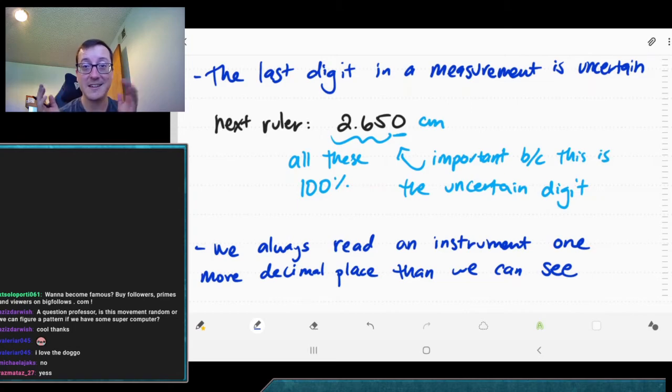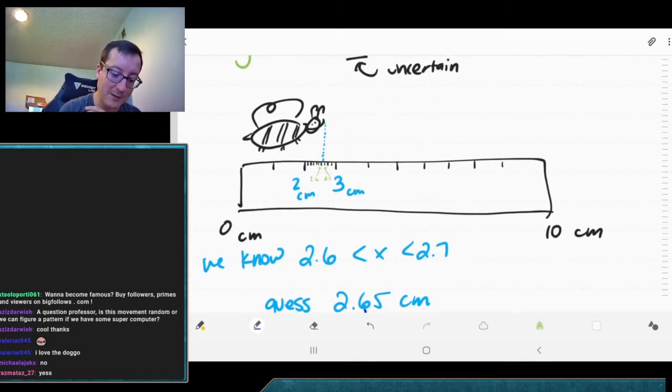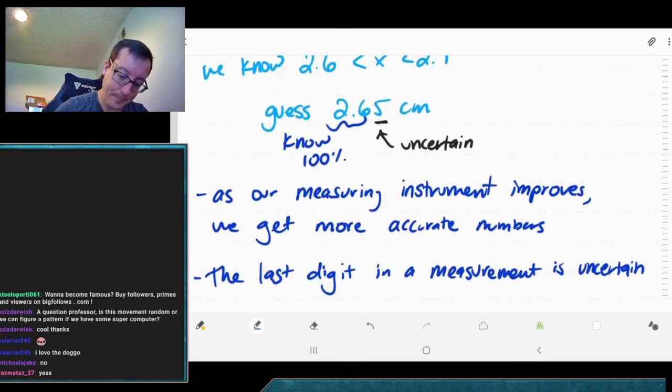So we saw the tens unit, so we guessed the ones unit. When we had a ruler that had ones marked out, we were able to guess to the nearest tenth. And then on that last ruler, where we were able to see the tenths, we could see 2.6 and 2.7, we guessed to the hundredths place. So we always go one more spot than we can actually know for sure. And again, that's going to be that uncertain number at the end there.